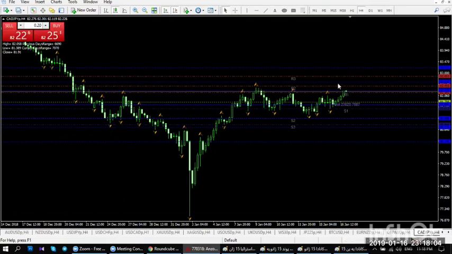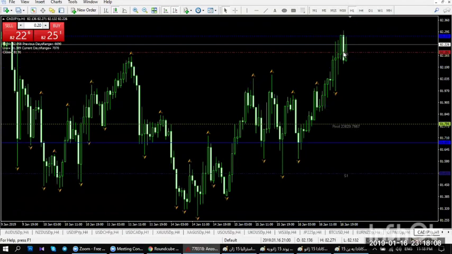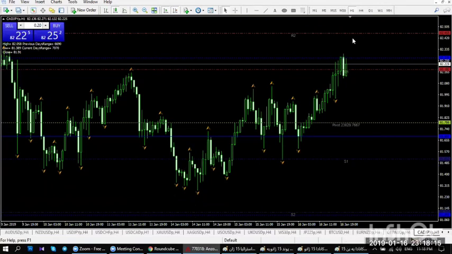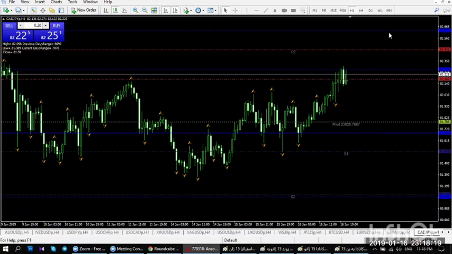When the top lines are touched, it means there's an ascending signal, and R1 has been broken. But in the weekly, there's a stop, it stops in the weekly time frame.